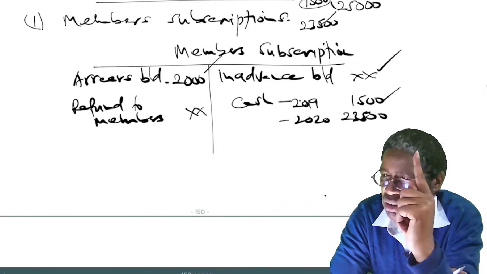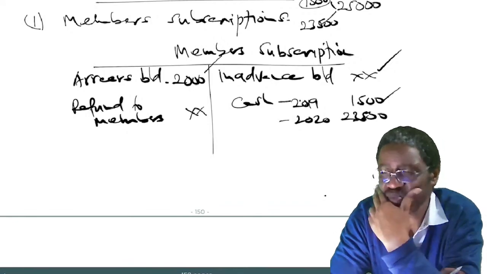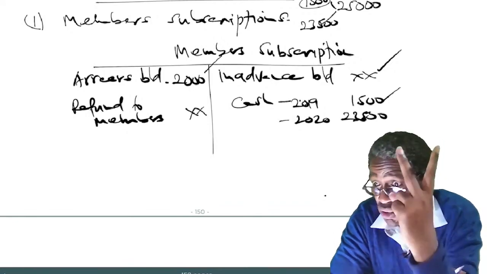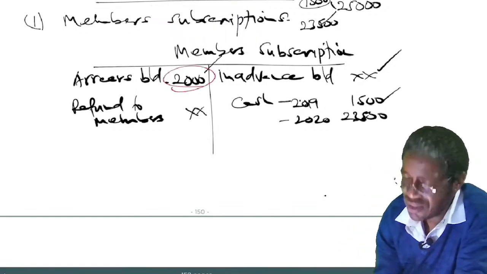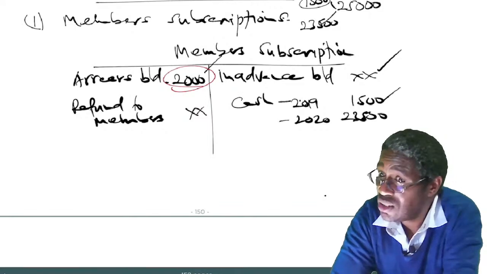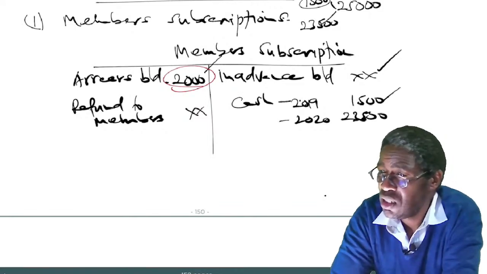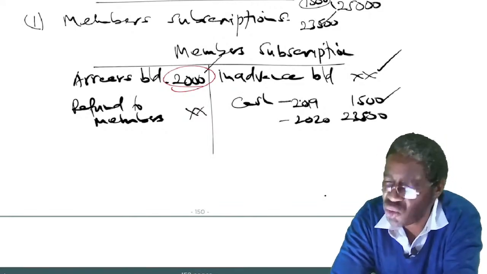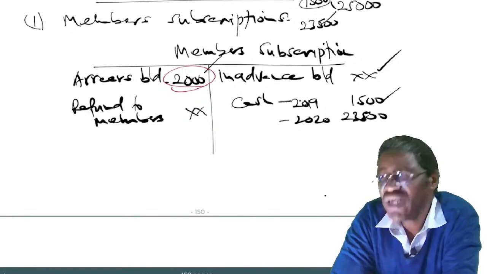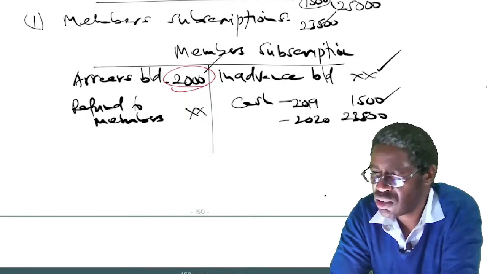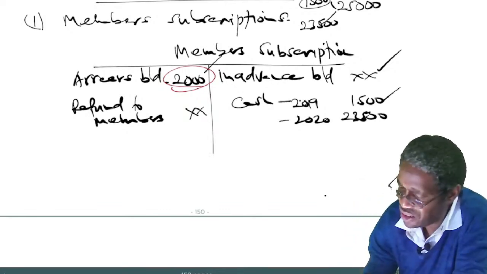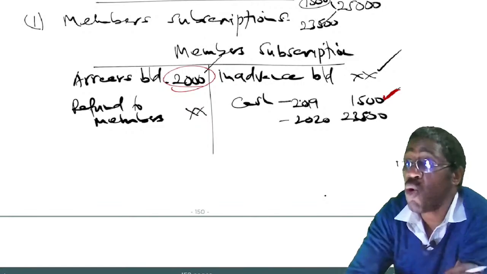Last year, members had not paid us how much? 2,000. That's what we began with here. That was for which year? 2019. When it came to this year, 2020, we received 25,000 shillings, out of which 1,500 is from the people who owed us last year.